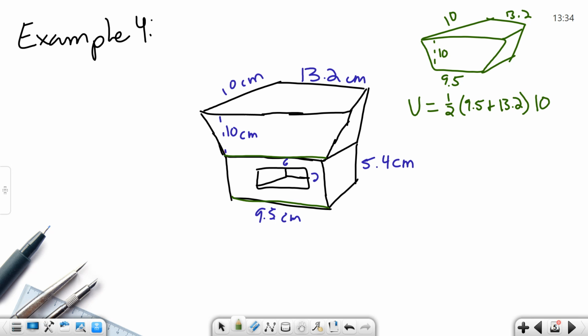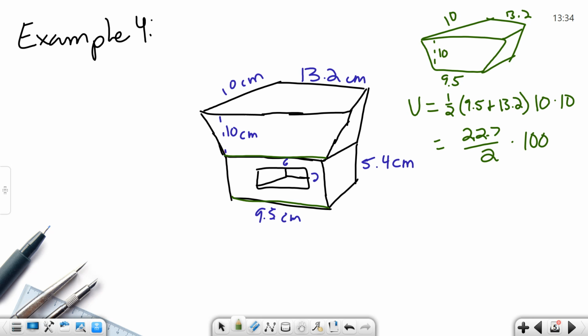But if we're going to do volume, then we're going to multiply by 10 again. We have 9.5, 13.2, gives me 22.7. We're going to divide that by 2. We're going to multiply this by 100. I like to combine my work so I don't have to fill out a whole sheet of paper, take up the whole screen. 10 times 10 gives us 100.